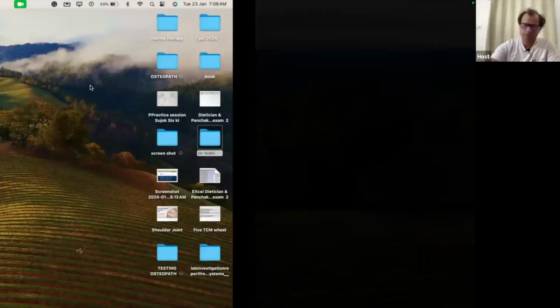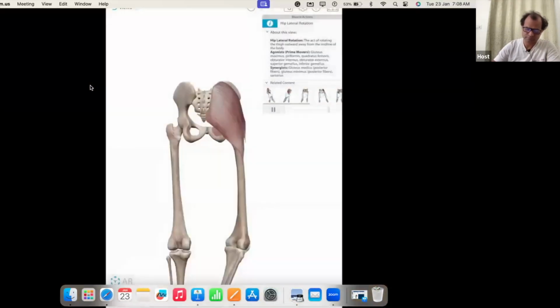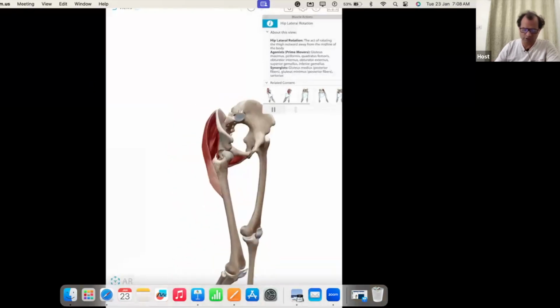The next movement will be rotation. So first we'll be seeing the lateral rotation. What is the meaning of lateral rotation?